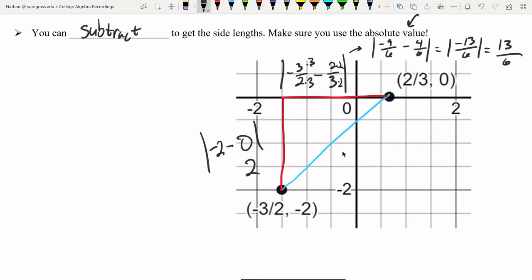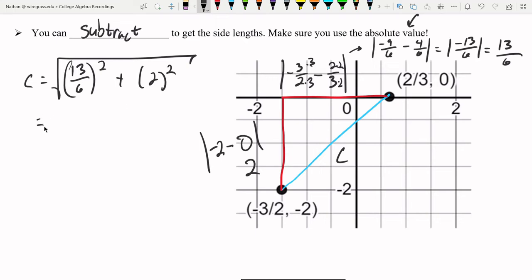Okay, then to find c, all we have to do is do the Pythagorean theorem. So the square root of 13/6 squared plus 2 squared. Okay, it's going to give us 169 over 36 plus, this is the same thing as 4 over 1.